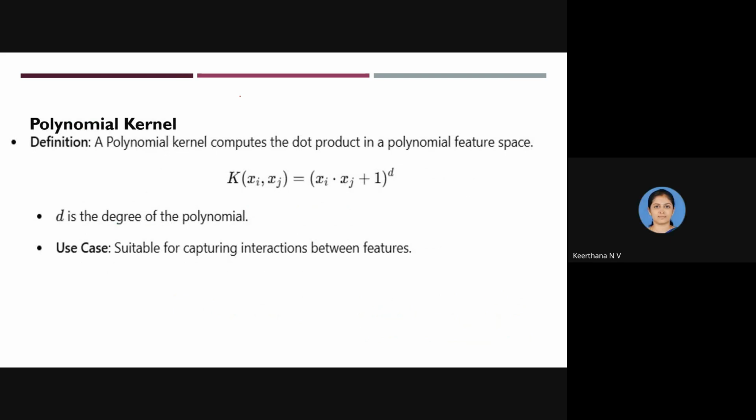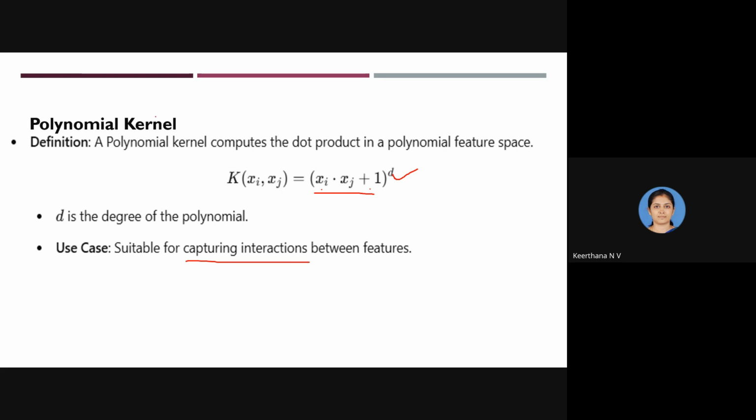There are several types of kernels available: linear kernel, polynomial kernel, Gaussian kernel, and sigmoid kernel. The first thing we are going to deal with is the polynomial kernel. It computes the dot product in the kernel space, where d is the degree of the polynomial. It is suitable for capturing the interactions between the features.